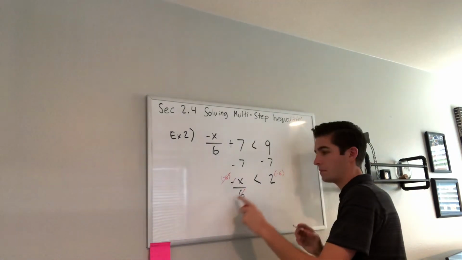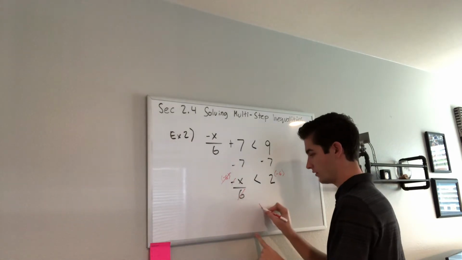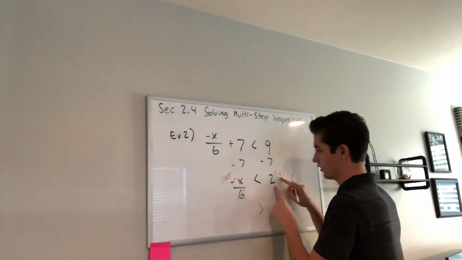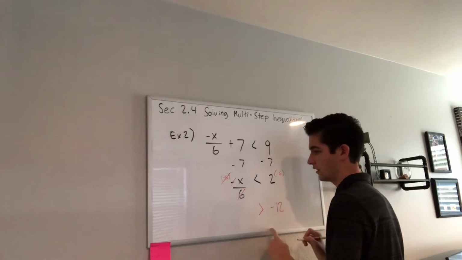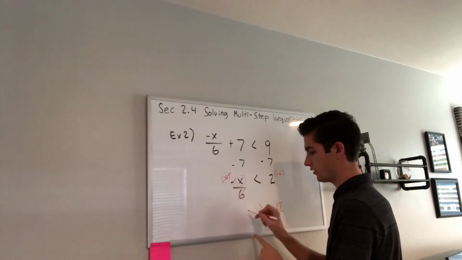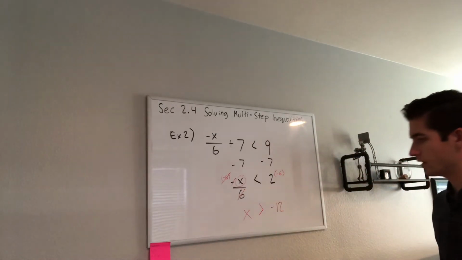Well, what happens to our sign when we multiply or divide by a negative? We have to switch it around. 2 times a negative 6 gives us a negative 12. And then we just bring down our x. So we have x is greater than negative 12.